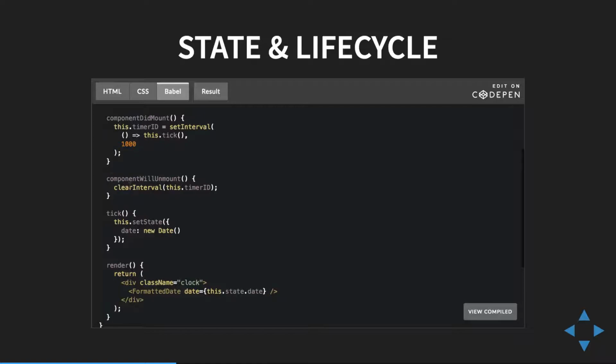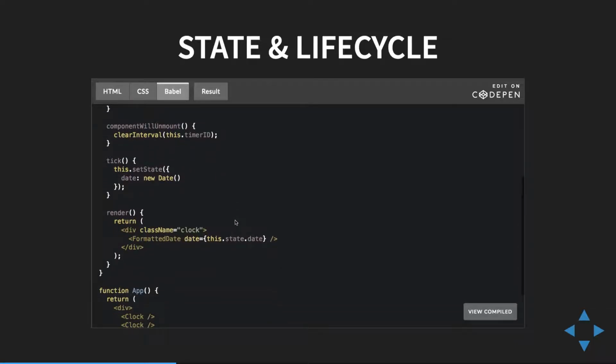Then we also have componentWillUnmount. So this will remove the interval when you remove the component, because we don't want to leave a bunch of interval timers running when we're not really using them. And then we also have this tick function, which will set the state.